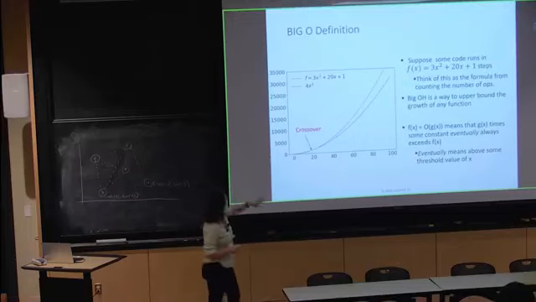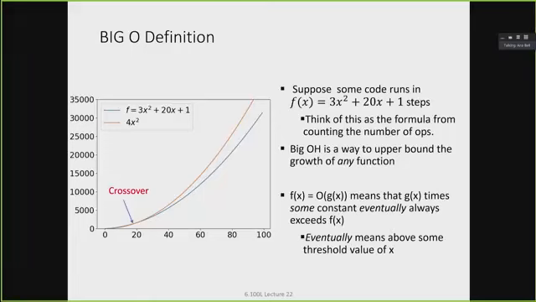Okay, so now I've found this g. So I can say that after this point, 20, my orange line will always be above my blue. So I can say that my f is big O of x squared. Okay? Because I don't care about this 4 so much because it's just a multiplicative constant.